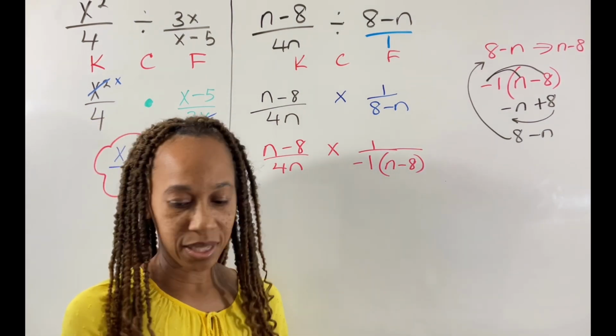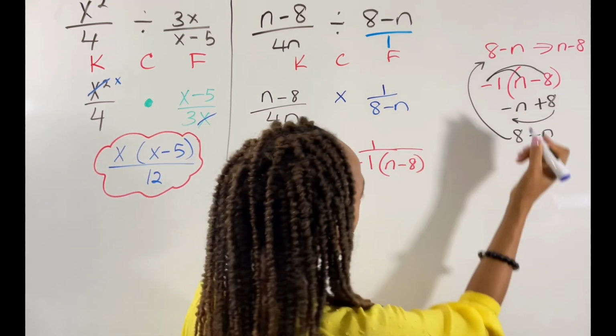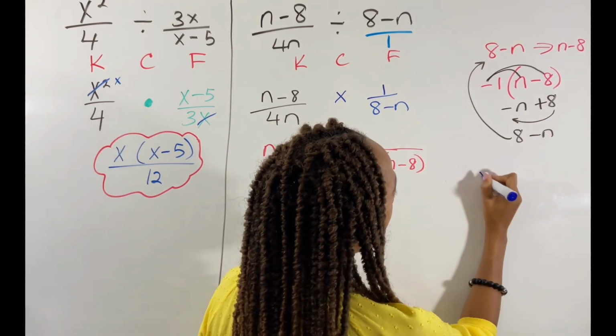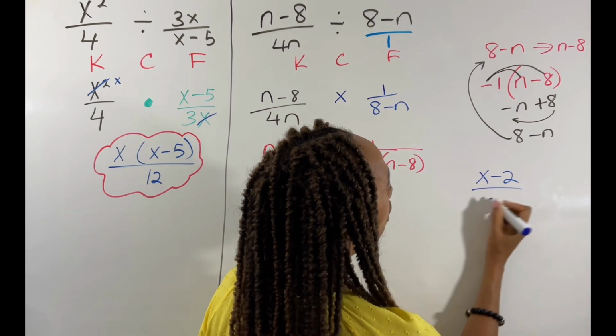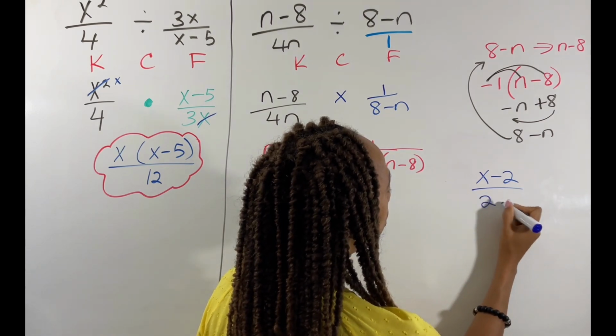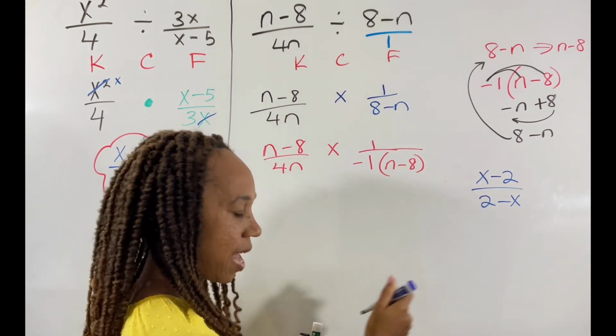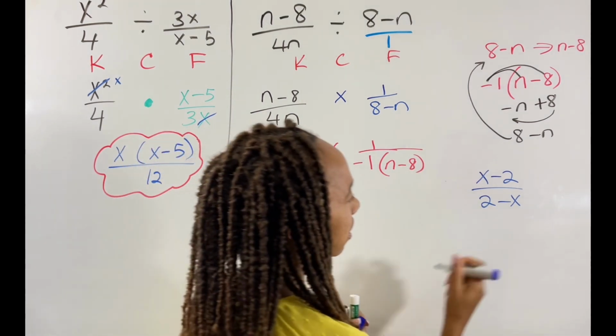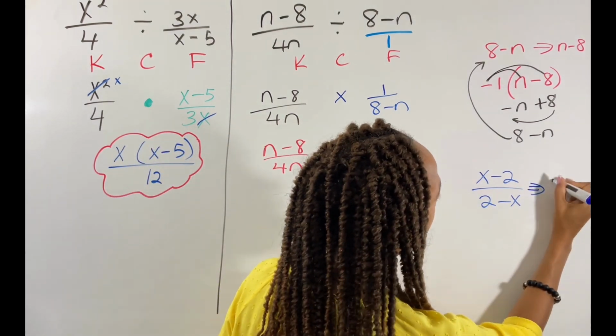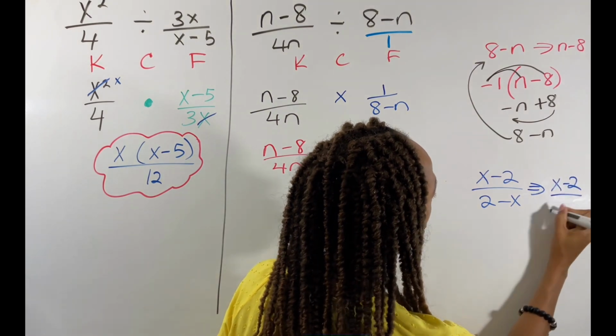As an extra practice, right, if I gave you, say for instance, x minus 2 over 2 minus x, you'll notice that they're almost the same. All you have to do is simply change this now and have x minus 2 over negative 1.